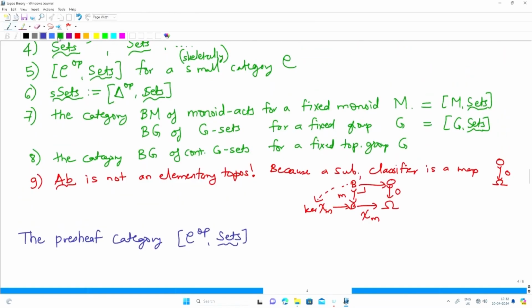I forgot to mention that. The tenth example I should add is the category of sheaves on a topological space. This is an example, yes. So is the category of toposes a topos? No.